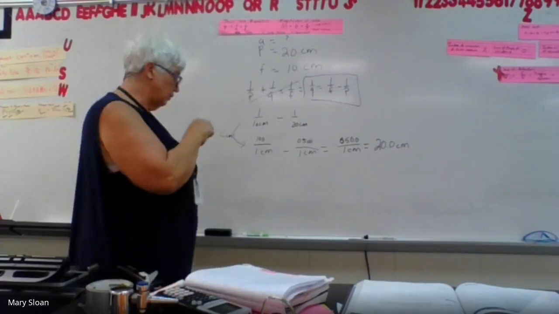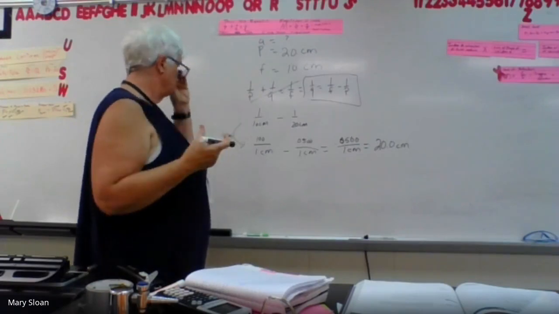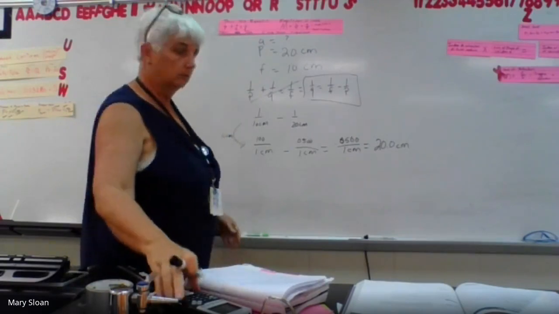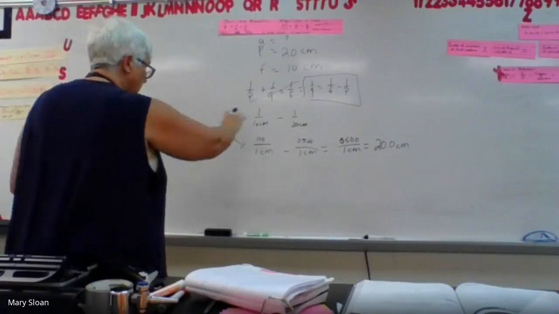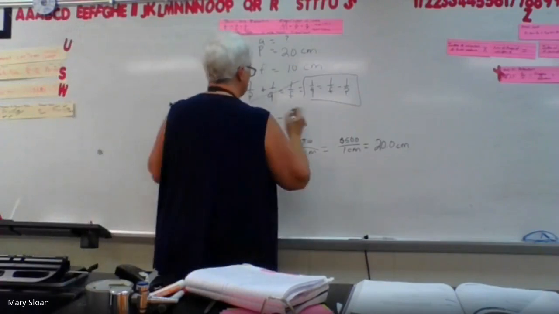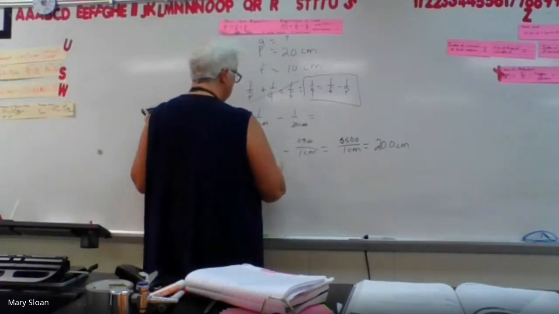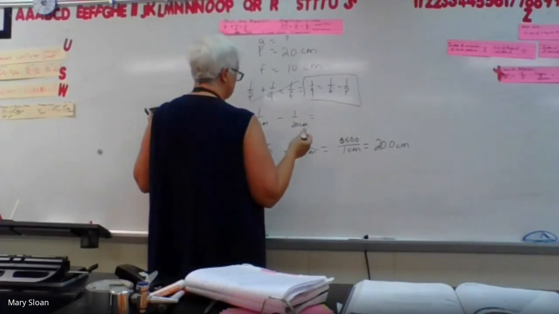So Jordan, how did you do yours? The same way you have yours there, with your 100 divided by 1 minus the 0.5. Okay. So if you did it straight on this way, without changing it to least common multiple, 10 minus 20 is what?